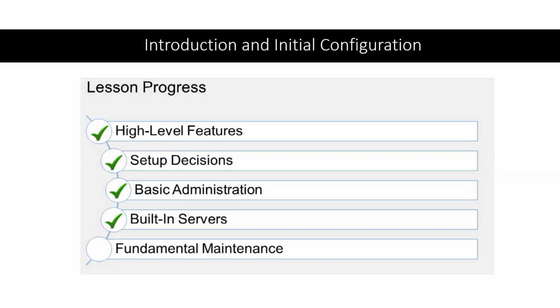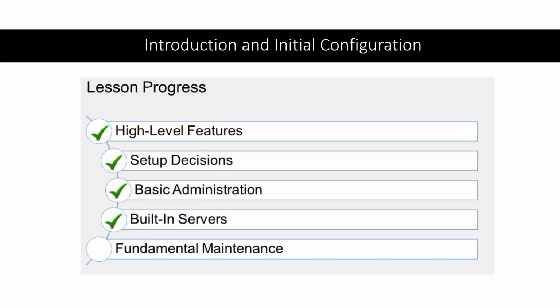Basic administration, we're getting ready to implement it in production or wherever you're going to implement it within your lab. We talked about the different options you have. We talked about the built-in servers, DNS and DHCP. We talked about the different flavors of DNS, using recursive versus non-recursive, versus a forwarder.